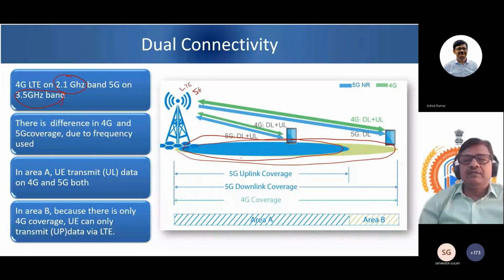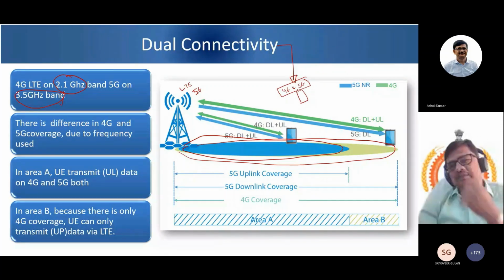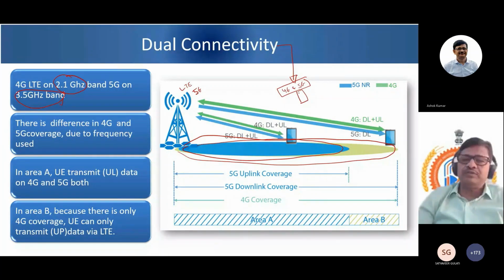And there is a concept of dual connectivity I had explained in my first session, that our device can connect to 4G and 5G both, right? Parallelly, it is technically possible that it can connect to both 4G and 5G.